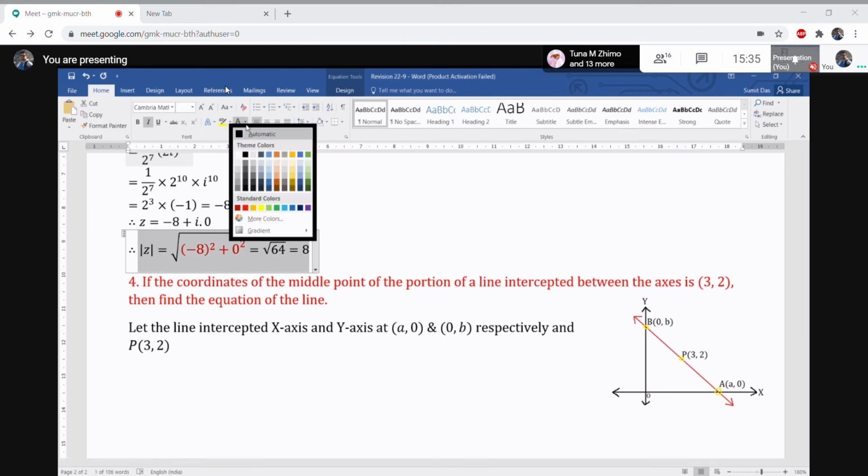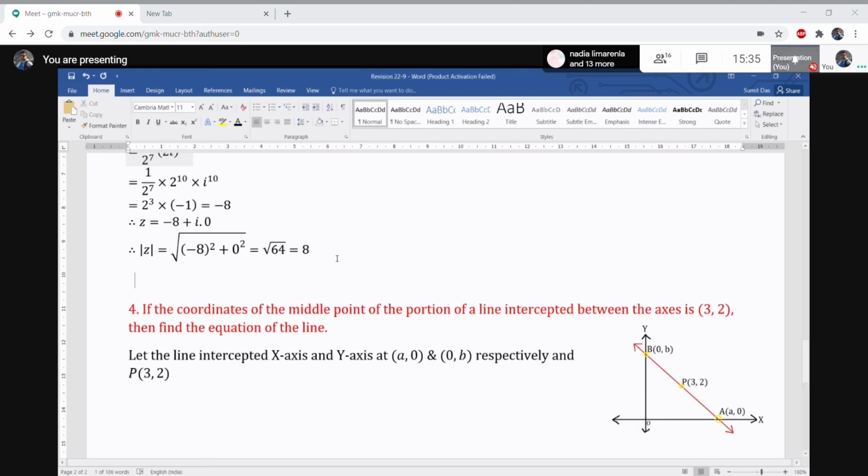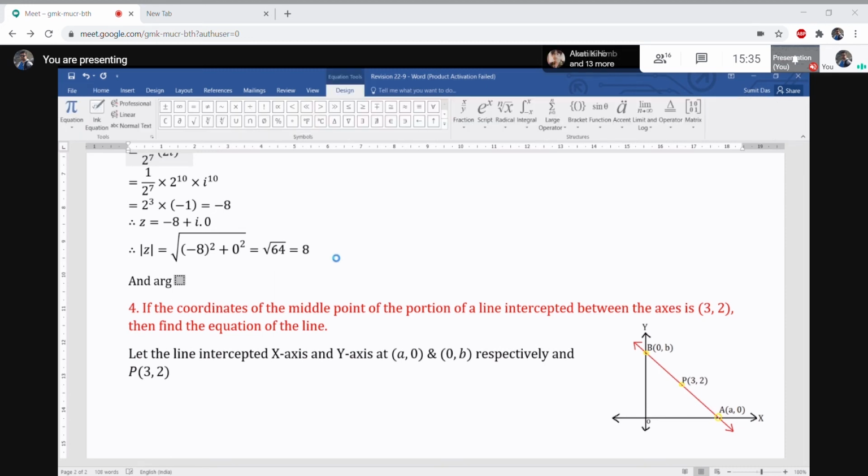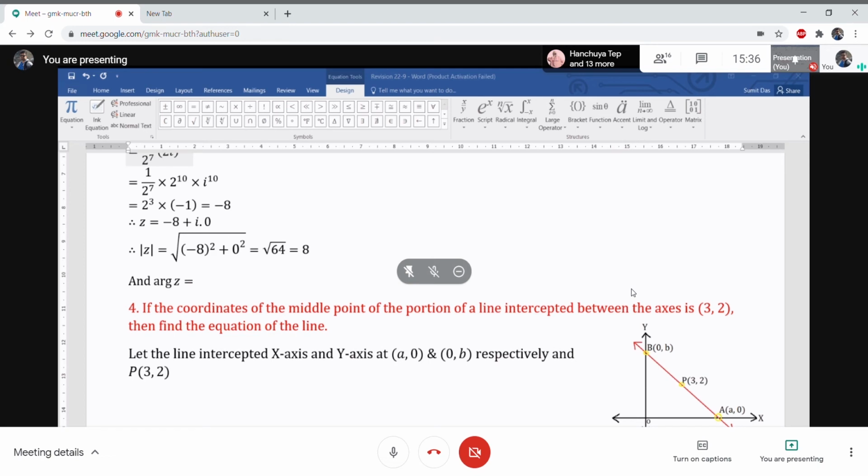Then the argument. Argument of z is equal to, does anyone remember, what was the argument? What do you mean by the argument?